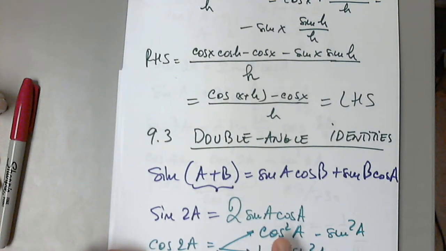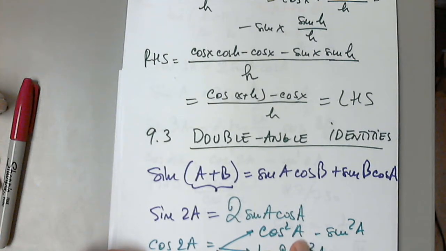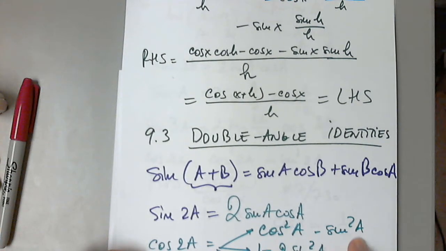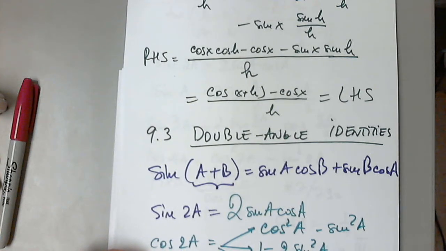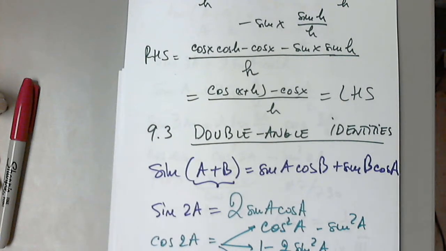Cosine A plus A is cosine A times cosine A minus sine A times sine A, and we get this. Is that okay? I guess what they're doing is using cosine squared A plus sine squared A equals 1. So what you're doing is you're just substituting each one of those terms for the other.